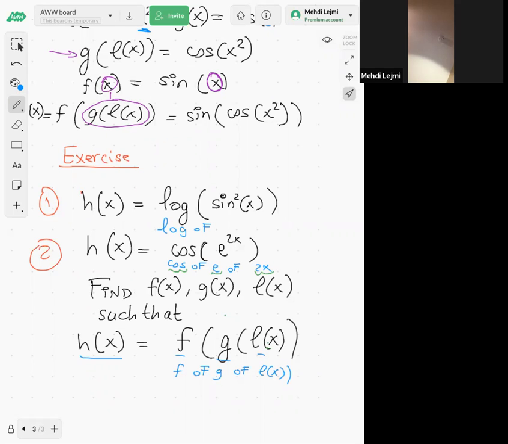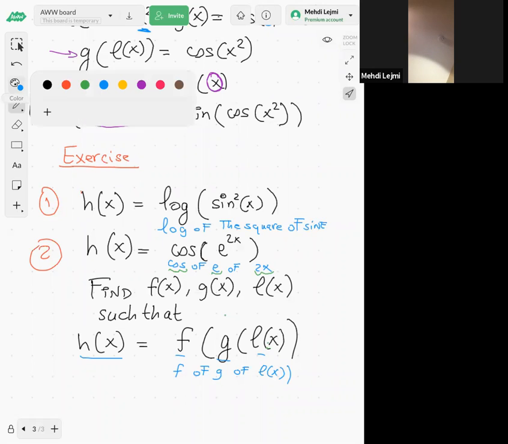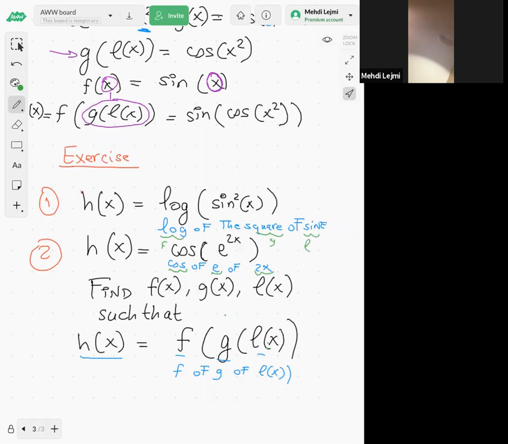So it's log of the square of sine. Then the log would be your f, the x square would be your g, and the sine would be your L.